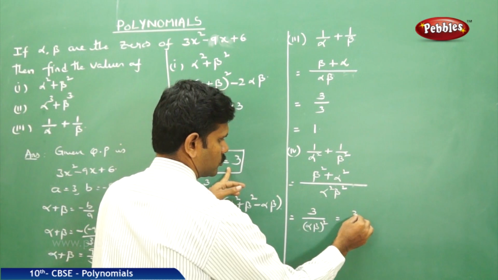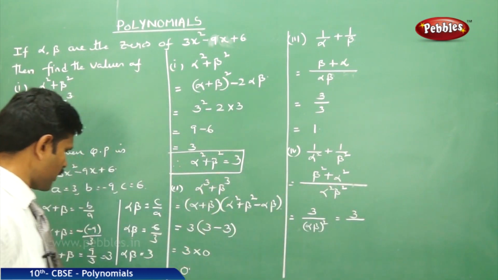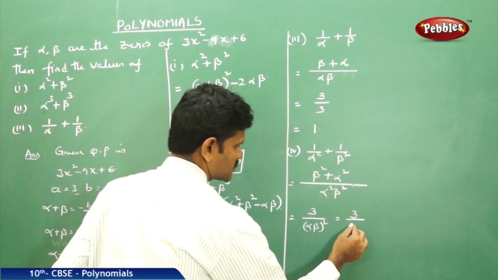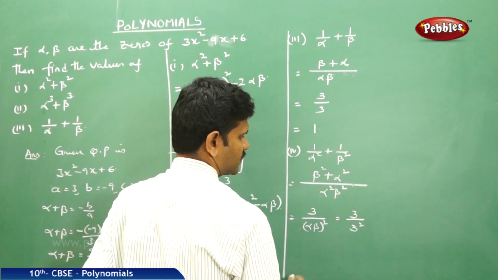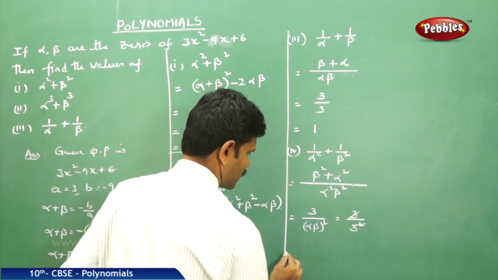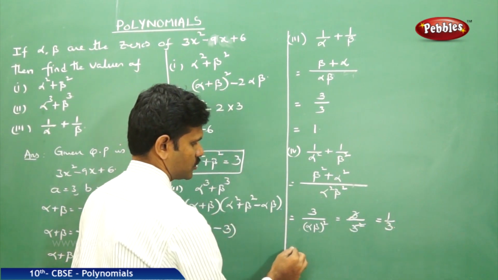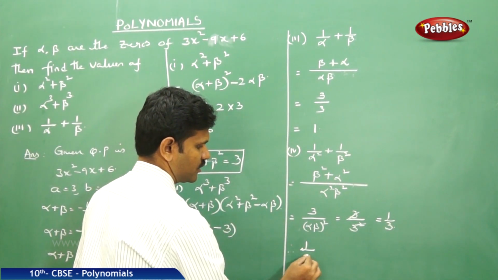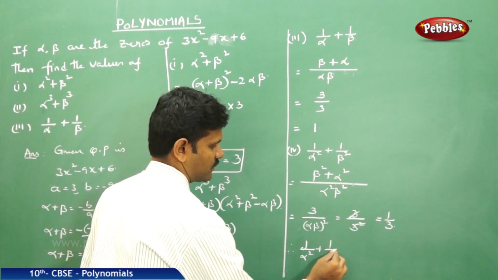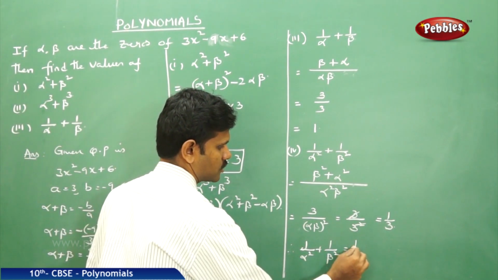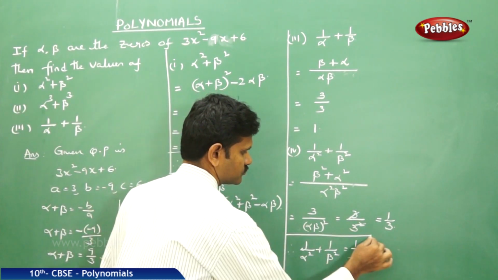That is equal to 3 by alpha beta value is 3, that is 3 square, 3 cancels, which is equal to 1 by 3. Therefore 1 by alpha square plus 1 by beta square is equal to 1 by 3.